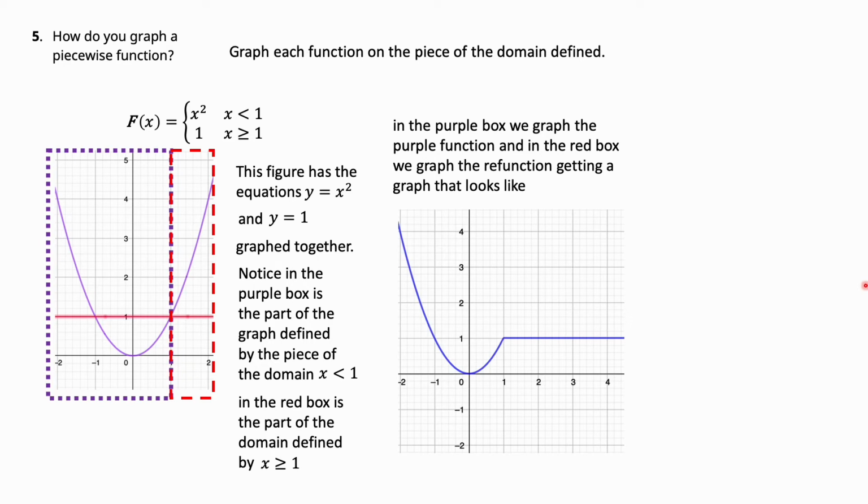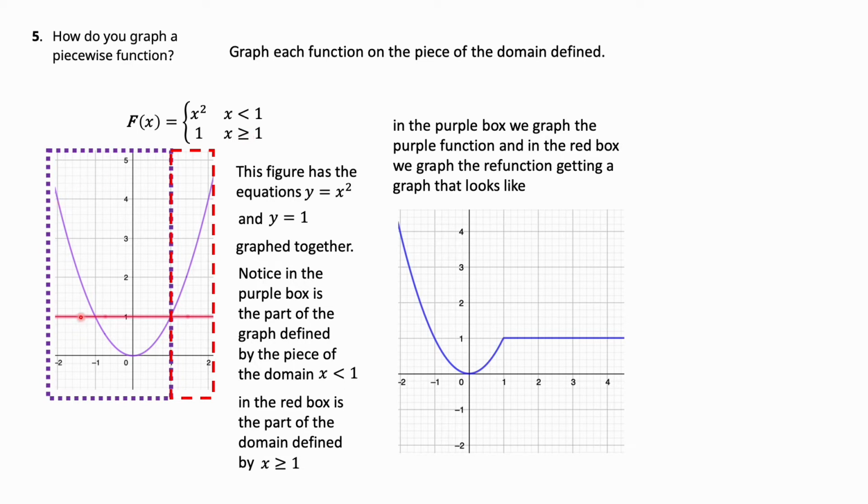How do you graph a piecewise function? Well, one way to do it, and what I did here, is I graphed the two functions, x squared and 1. x squared is in purple, and y equals 1 is the red line. Now, what piecewise means is that over different parts of the domain, different functions are defined. So if you look at f of x up here, this says if x is less than 1, it's x squared, and if it's greater than or equal to 1, it's 1.